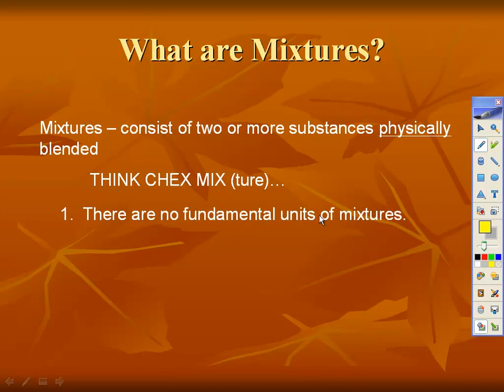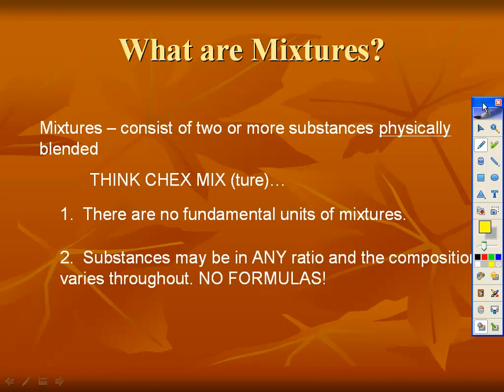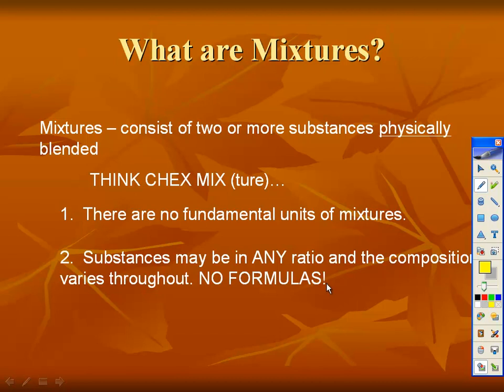There are no fundamental units, so I can't say they're made out of molecules or atoms. There just isn't any. The substances can be in any ratio, and the composition varies throughout, so there's no formulas to write. I can't write H2O because it could be H3O and still be the same mixture. That's not true for a compound.